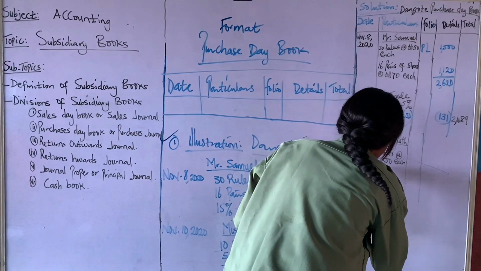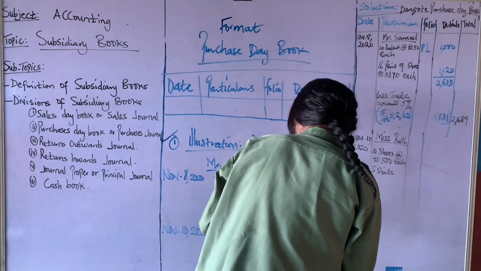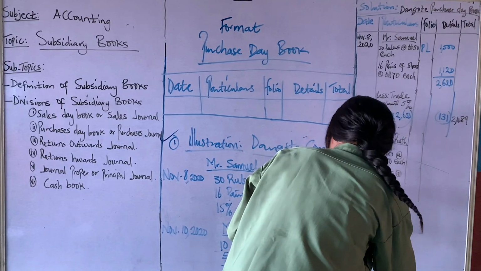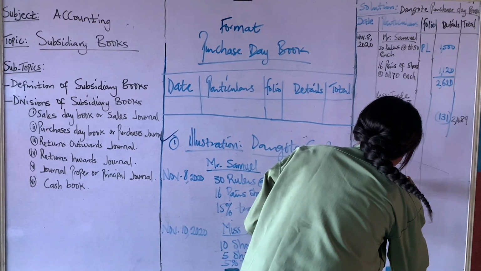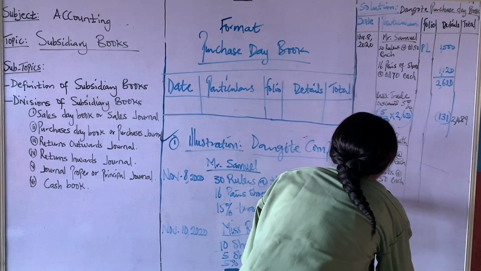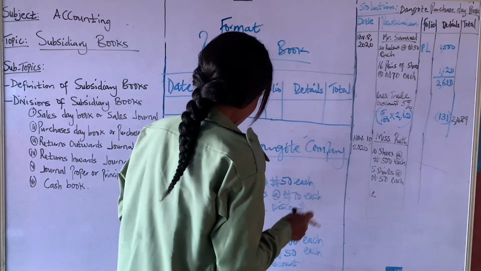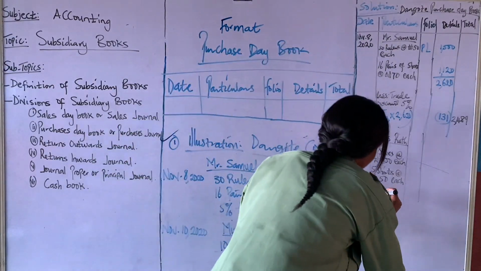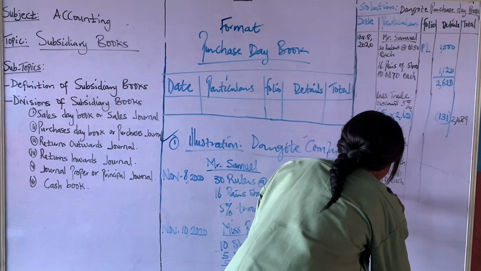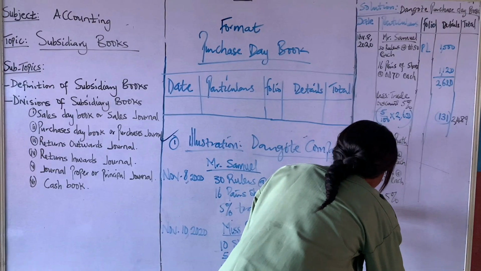And we have 5 sheets at 50 naira each. And if we were given a discount of 5%, 5% trade discount.